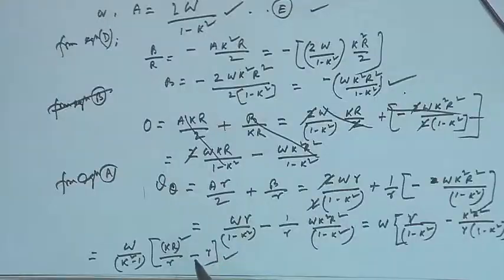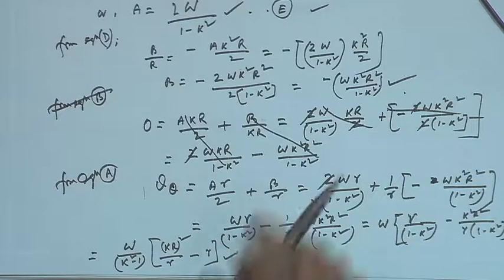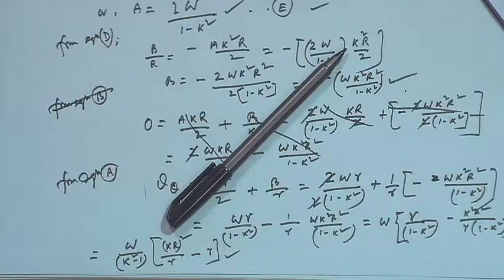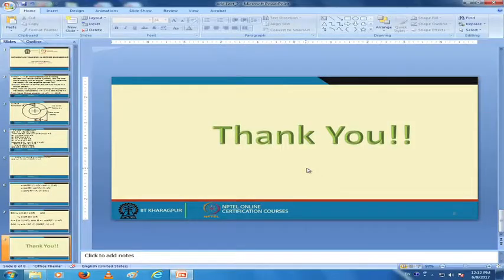Here we have done both on the paper as well as on the slide. So, this is the final V theta expression: V theta is equal to omega by k square minus 1 into k R square by r minus r. Okay, hopefully we have seen it, and that is the final. Thank you.